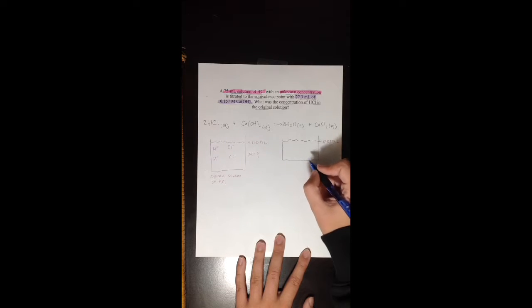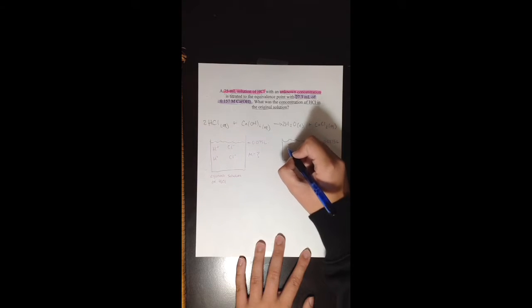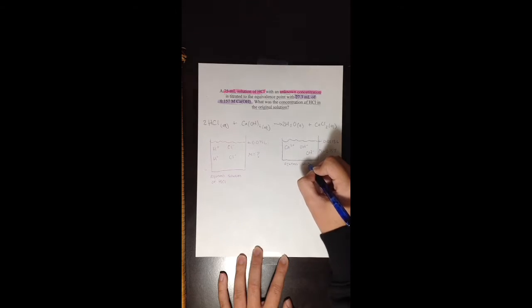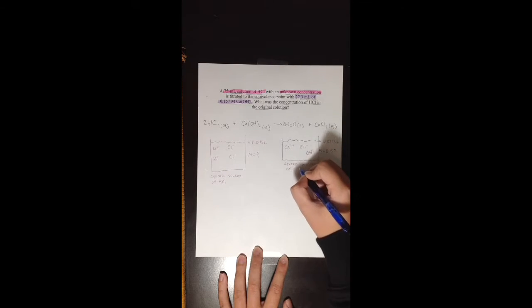And the calcium hydroxide is also going to break into ions, so we're going to have a Ca plus 2 ion as well as 2 OH minuses. And we're given the concentration for this, so we're going to put M equals 0.157 molarity. And this is your aqueous solution of calcium hydroxide.